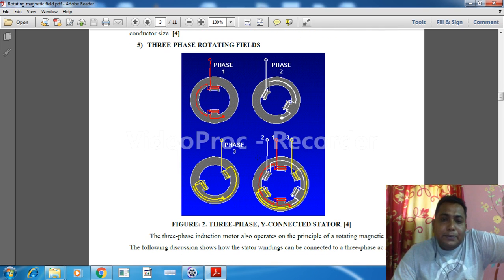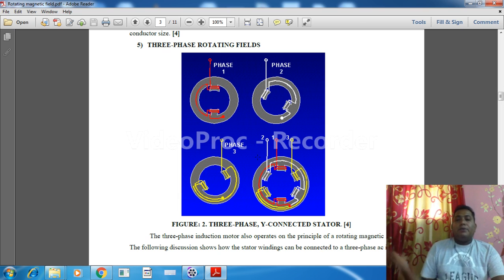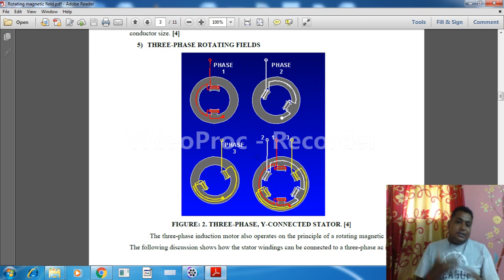This way the winding is done in the three phase induction motor, where the three phase supply is given to opposite stator slots, and we make the output. So this is the connection.